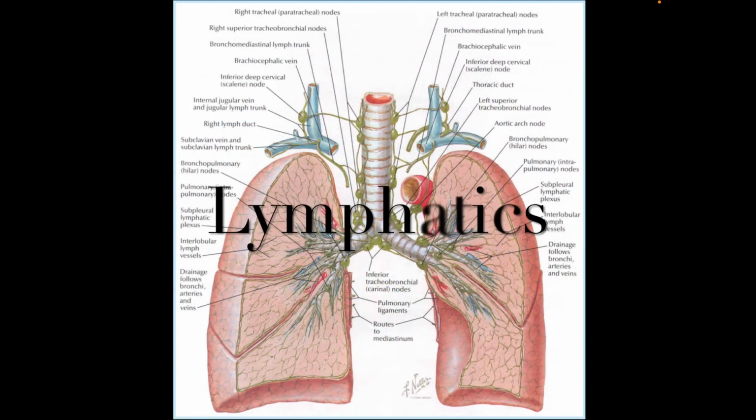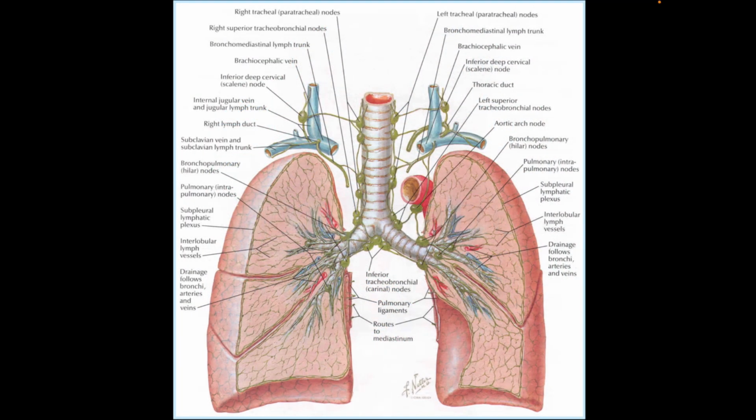Now, as for the lymphatic drainage of the lungs, first we have the superficial lymphatic plexus that lies underneath the visceral pleura and drains over the lung surface towards the bronchopulmonary lymph nodes located in the hilum.